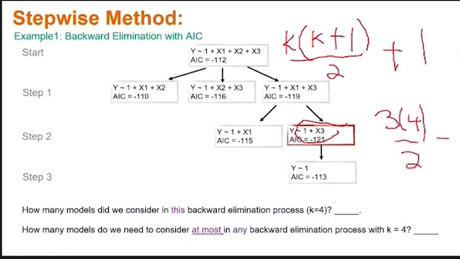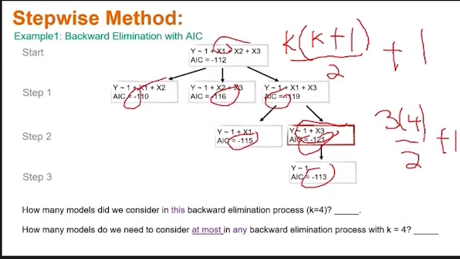What do I have? That should give me 7. But let's count the models: 1, 2, 3, 4, 5, 6, 7. We're always going to use 7 when k equals 3, either for backward or for forward.